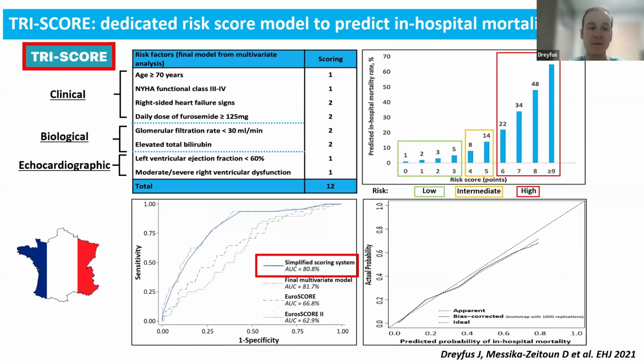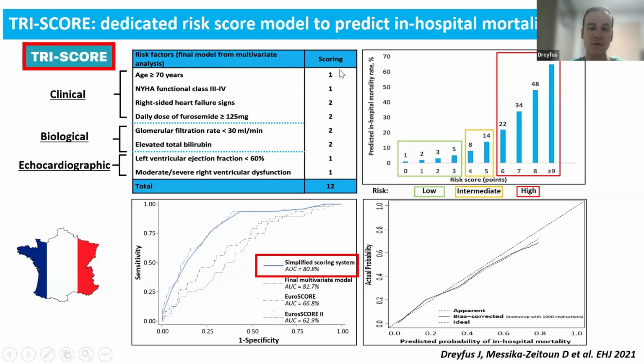We have developed a dedicated risk score model to predict in-hospital mortality after isolated tricuspid valve surgery, called the TriScore, with 8 easy to ascertain clinical, biological, and echocardiographic parameters: age, NYHA functional class 3 or 4, presence of right-sided heart failure signs, daily dose of diuretics, kidney function, liver function, left ventricular ejection fraction, and RV function.